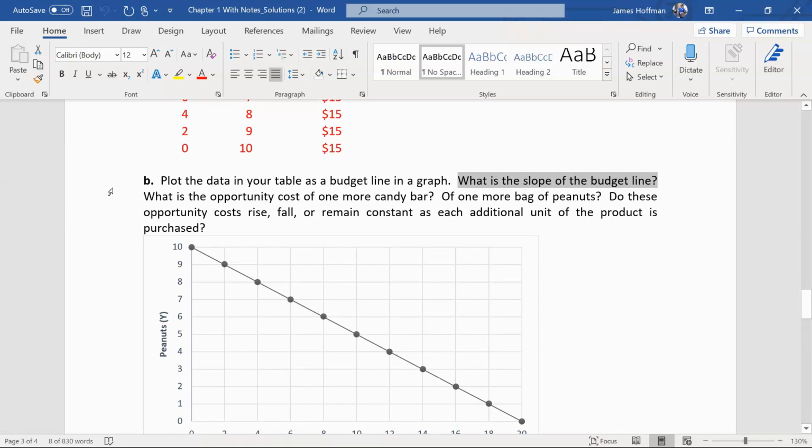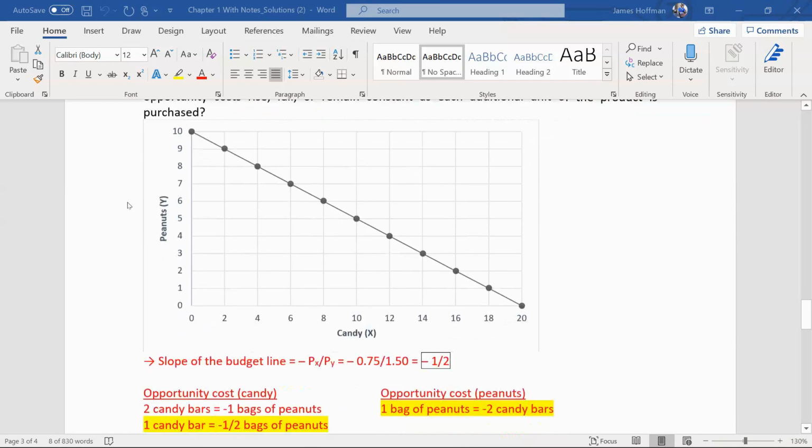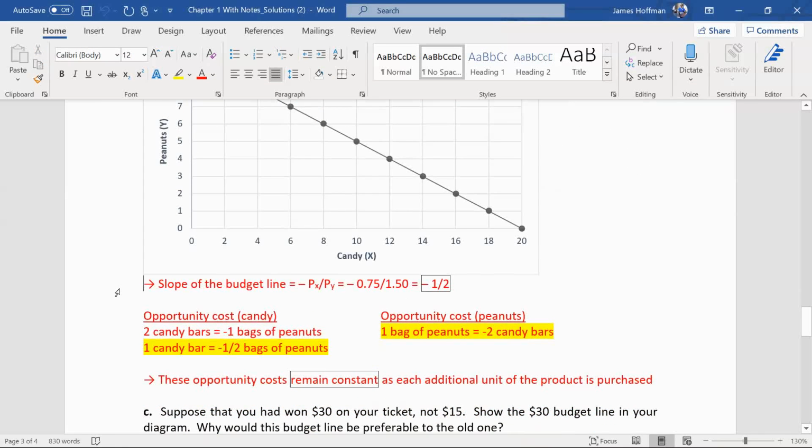Okay, then the next part is what is the slope of this budget line. So this is the trade-off or rate of trade-off between the price of candy bars and the price of peanuts. Okay, so to calculate the slope, which is just like rise over run, you can use this simple equation.